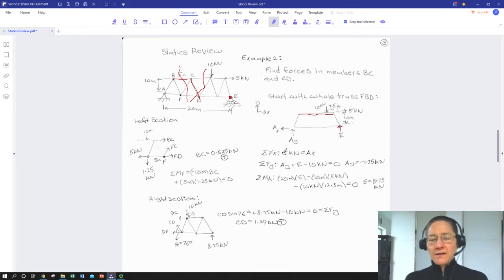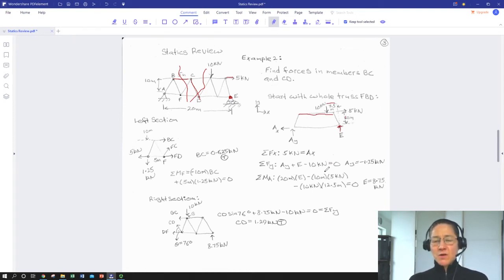So we can write equations of equilibrium in the X and Y direction. Moment about point A allows us to solve directly for our force E in terms of the applied external forces. So we've got 5 kilonewtons horizontal and 10 kilonewtons vertical. If we take our offset dimensions, they are 7.5 meters and I believe it was 10 meters here vertically.